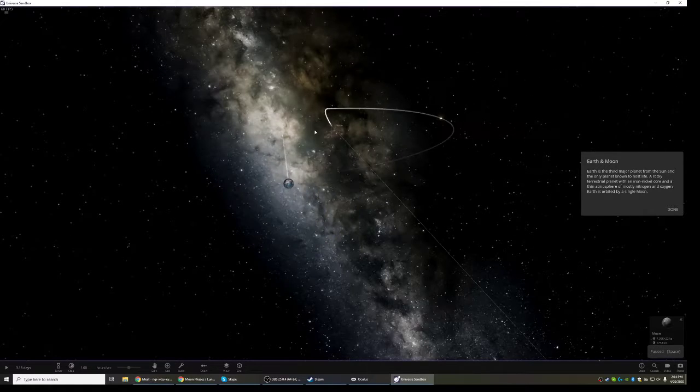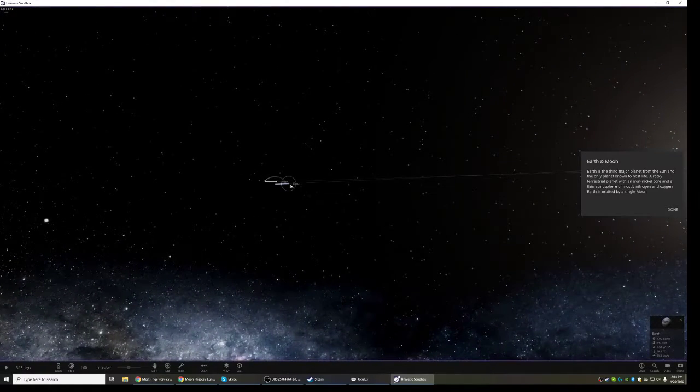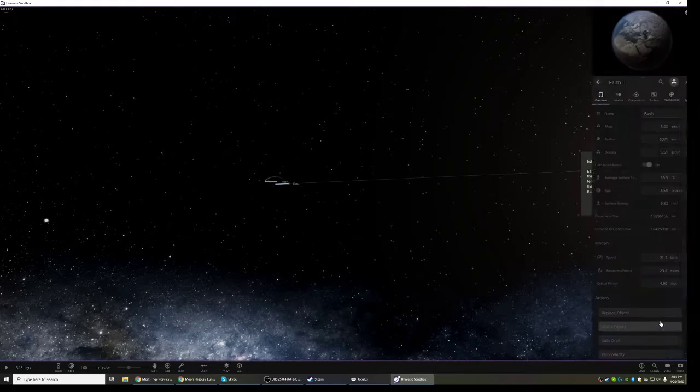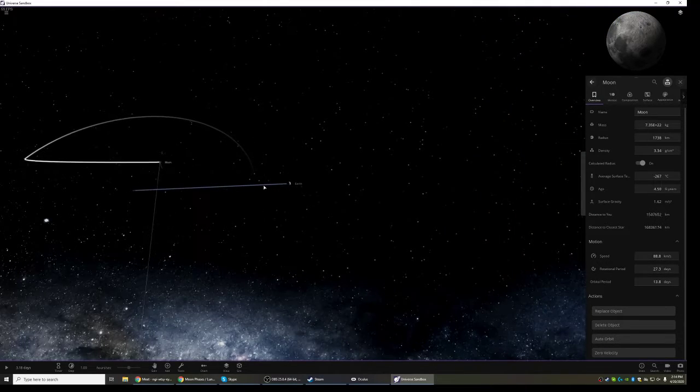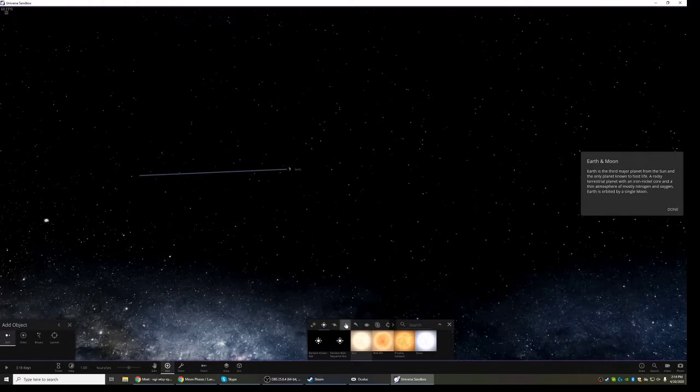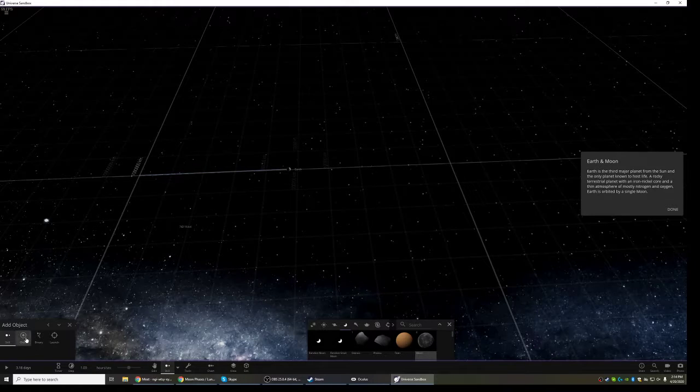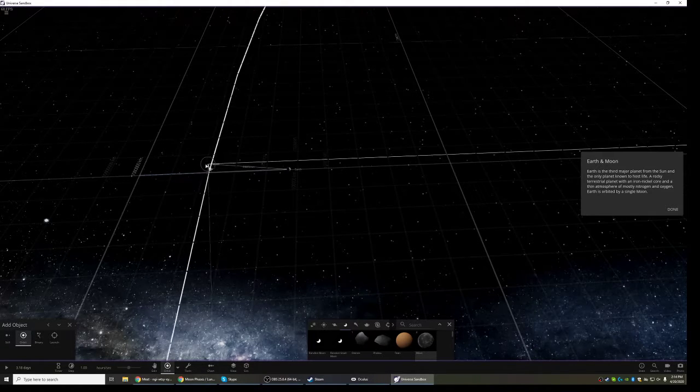So right now, let me set these to orbit correctly. Okay, actually I'm going to delete that. I'm going to place the moon in the correct spot. Orbit here.